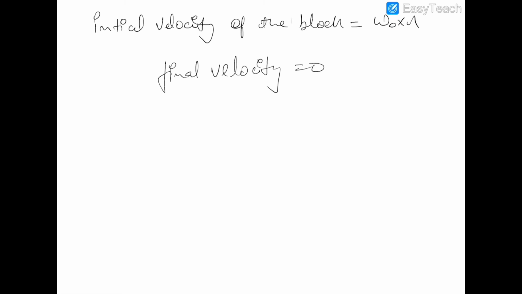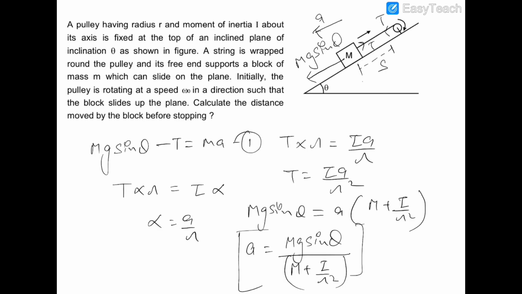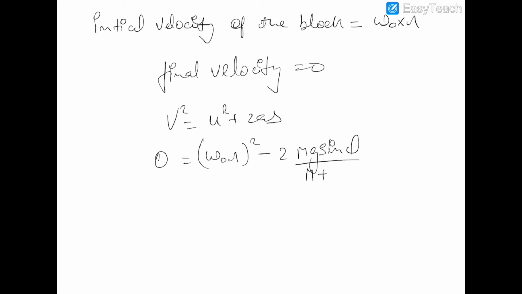So using the equation v square is equal to u square plus 2as, v is 0, u is omega naught into r, and obviously this block is retarding, so this is minus 2 into a, which is mg sine theta upon (m plus I by r square), into s.